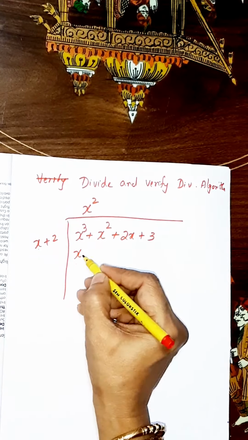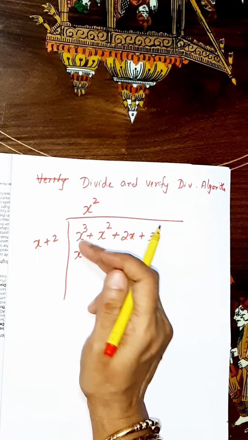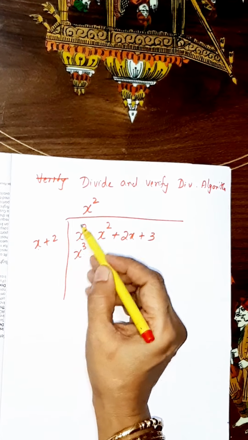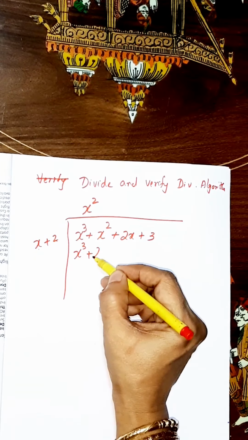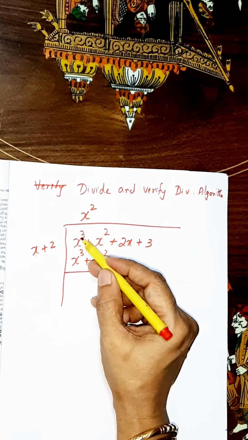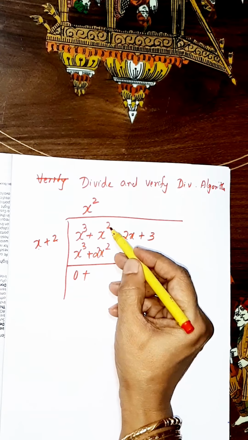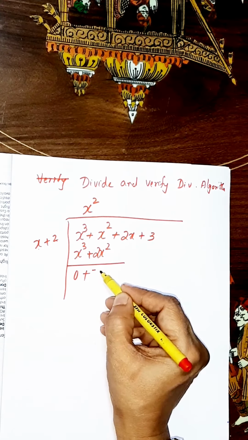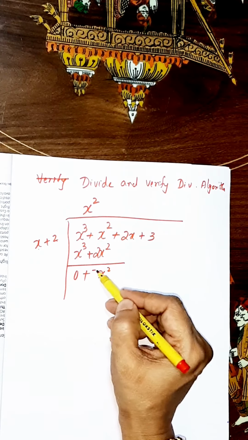We make these terms the same so that when you subtract, they get eliminated. You should not forget to multiply x squared with 2, so plus 2x squared. Now you subtract, this will get cancelled and become 0, and x squared minus 2x squared becomes minus x squared.